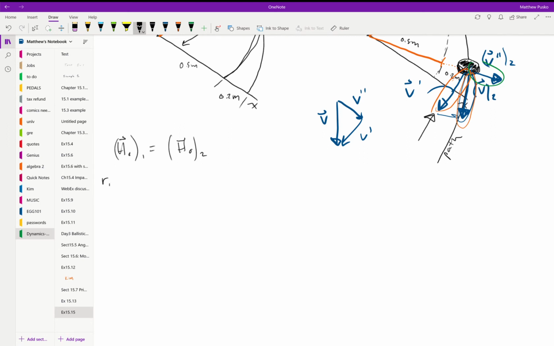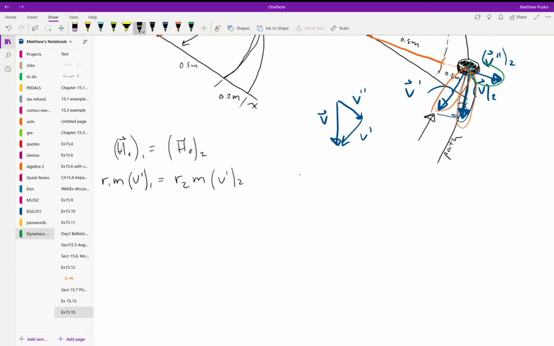So the radius in the initial state times the mass of the disk times v prime at 1 is going to equal R2 times the mass of the disk times v prime at 2.